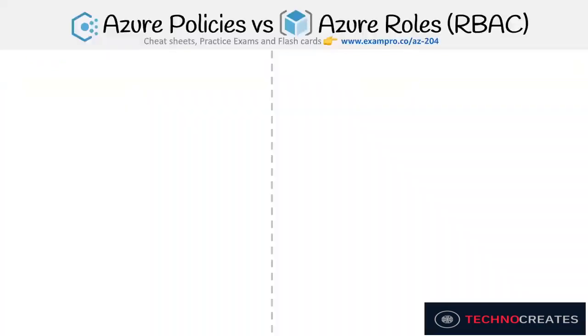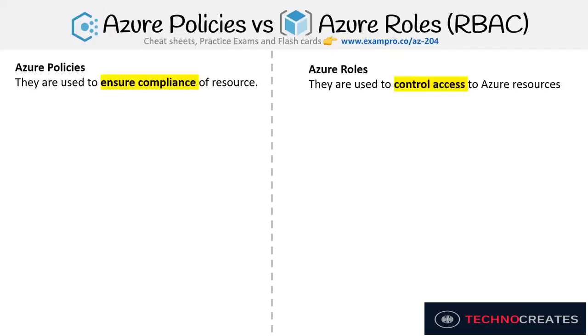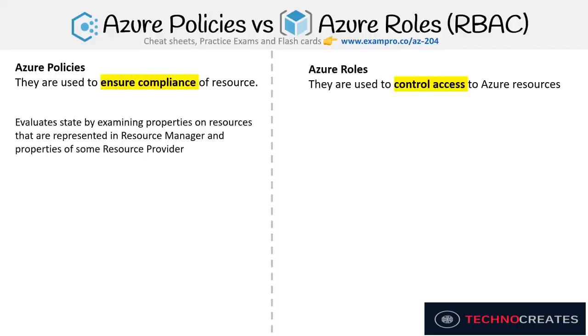Now let's do a quick comparison between Azure policies and Azure roles, just to make sure we're very clear what the difference between these two things is. Azure policies are used to ensure compliance of resources. And Azure roles are used to control access to Azure resources. On the policy side, these are going to evaluate the state by examining properties on the resources that are represented in Resource Manager and properties of some resource providers.